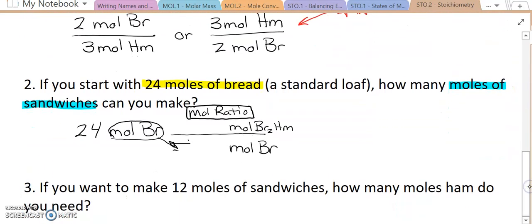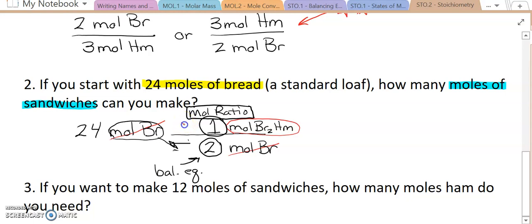So when I take a look at my mole ratio then, we said that there were going to be 2 pieces of bread for every 1 mole of sandwich, and these numbers basically come from your balanced equation. Now, just like any chemistry problem that we've done before, we want moles of bread to cancel out, and they do, top and bottom cancel, and it leaves me the unit that's on the top, which is going to be moles of sandwich.